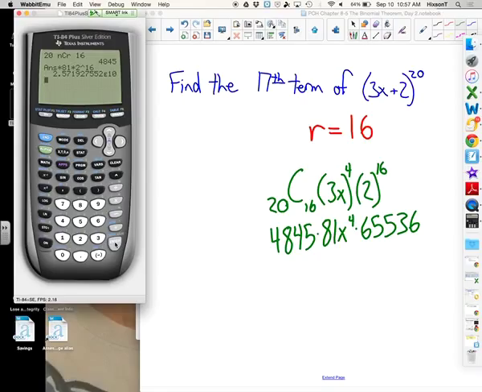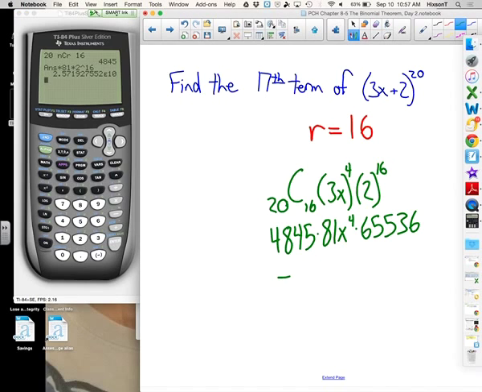Now, evidently, if you're in physics, they don't mind if you put E. In math class, we don't put E. That's scientific notation. And whether you go to IB or AP, they're not going to let you just put E down. So you need to translate this. You have a couple of options.